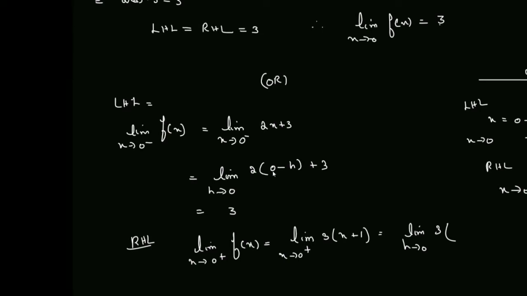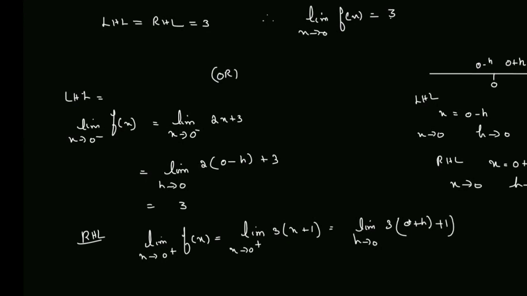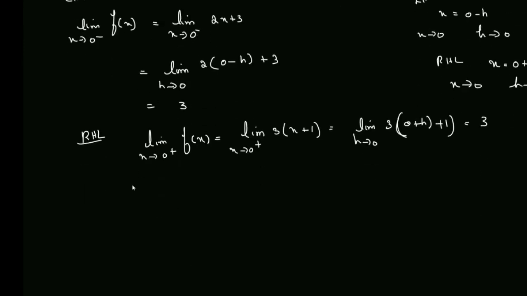It is 0 minus h for the left hand limit, 0 plus h for the right hand limit, plus 1. Okay, so when you put h is 0, this will become 3 into 0 plus 1, which is 1... so the left hand limit equals the right hand limit, and the limit exists. So you can do it like this also. The limit as x tends to 0 of f of x is equal to 3.